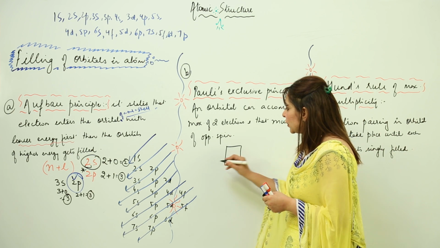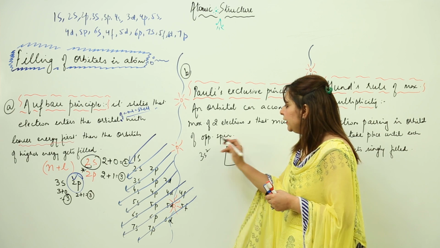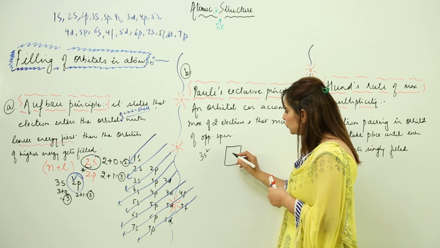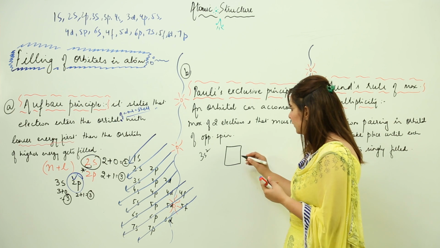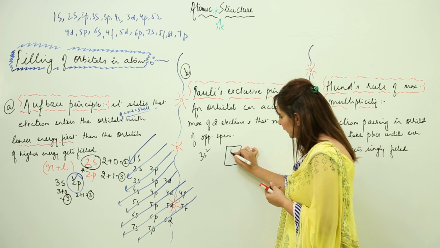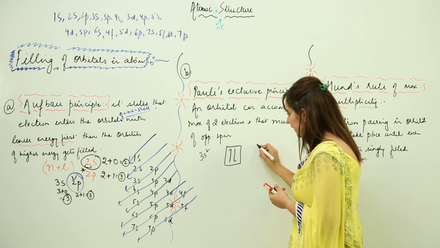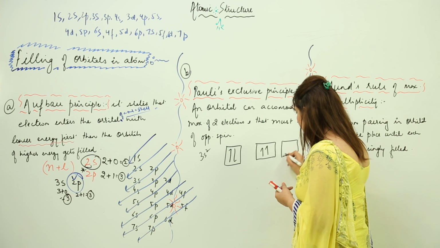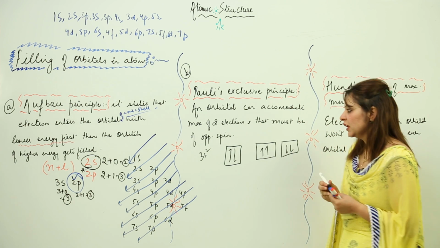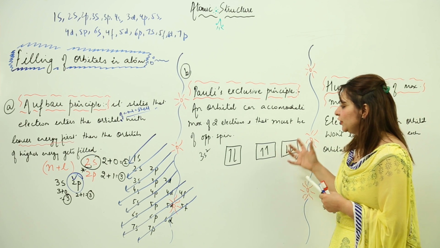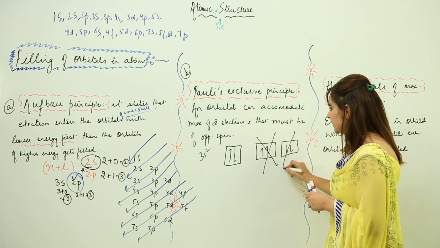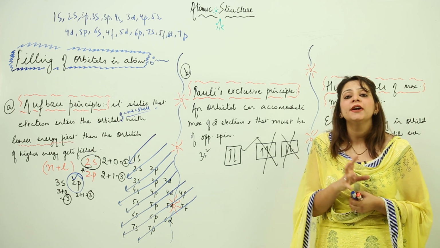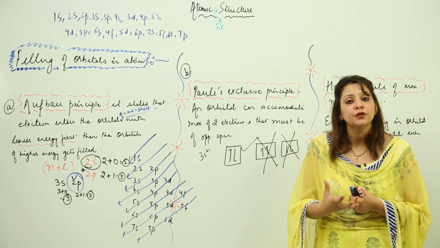Suppose I write 3s2, that means in 3s I have 2 electrons. So how do I have to put them? I am just making different patterns, just tell me which is the correct one. One is this, other is this, and other is this. Out of these 3, this is incorrect, this is incorrect, only this is correct, because as I told you, a maximum of 3 quantum numbers can be the same, but the fourth is definitely going to be different.